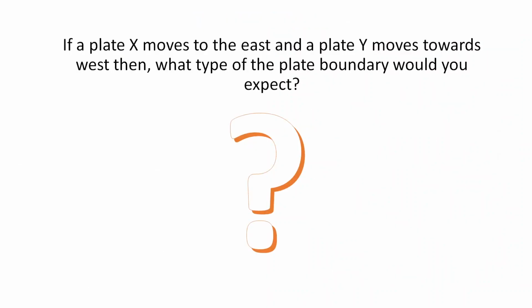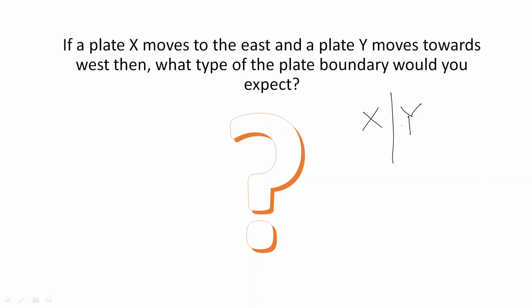Now, let's take an example and try to solve this simple question: if a plate X moves to the east and a plate Y moves towards the west, then what type of plate boundary would you expect? So, if I simply try to draw that a plate X is sitting here, and again you have a boundary between them, obviously there are two plates, meaning there has to be a boundary in between them.